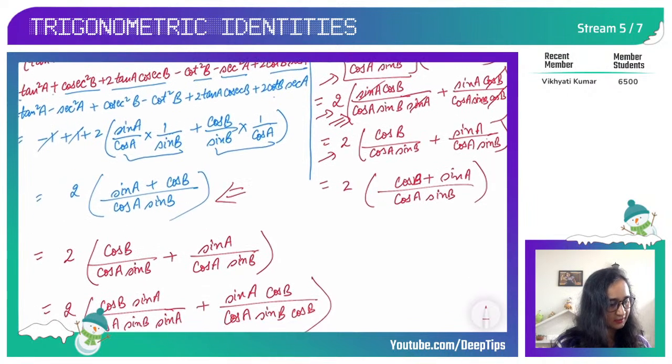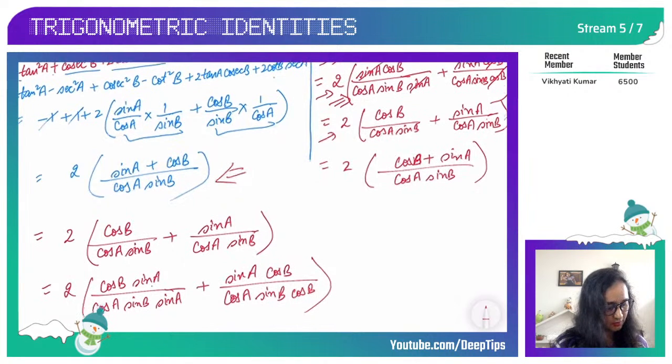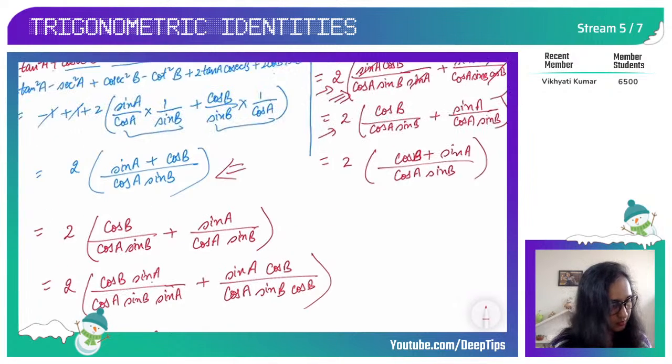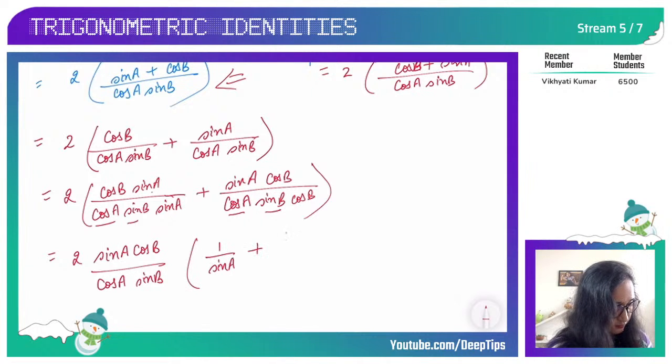Now what next? Take sin A cos B common, because I can take sin A cos B common. So let's write here sin A cos B common, and cos A sin B, cos A sin B also, cos A sin B. So what's left? 1 upon sin A plus 1 upon cos B.